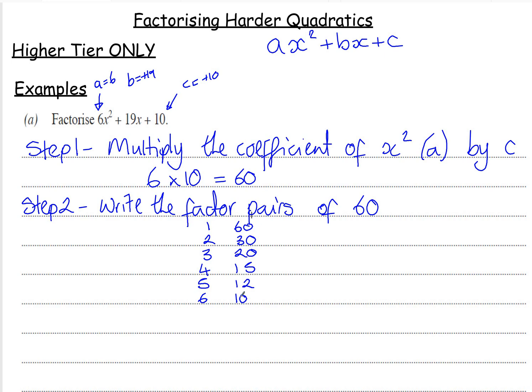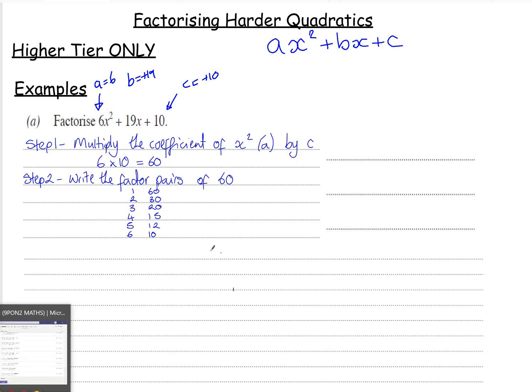Does 7 go into 60? No. Does 8? No. Does 9? No. Does 10? Yes. And you've written it down so you can stop. So we know that we have all the factor pairs.